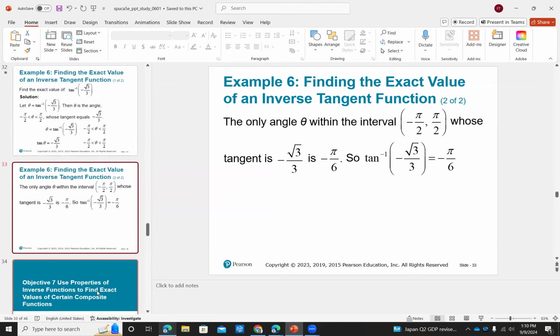The angle whose tangent value is equal to negative root 3 over 3 is negative pi over 6. So this will be the expected answer. You just have to make sure that when you're providing an answer for the inverse tangent function, the answer has to be between negative pi over 2 and positive pi over 2. This is the exact same interval as for inverse sine.